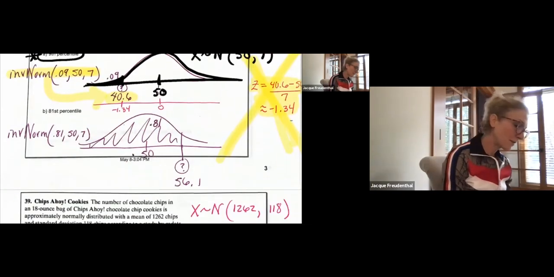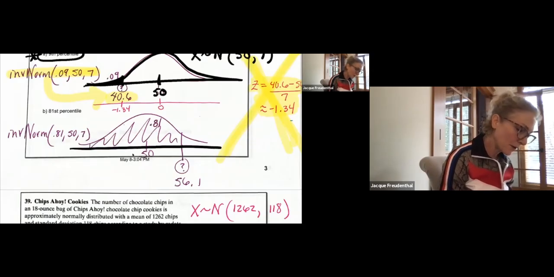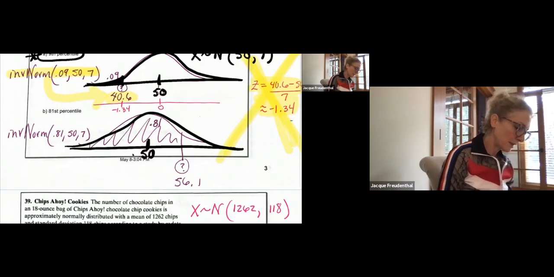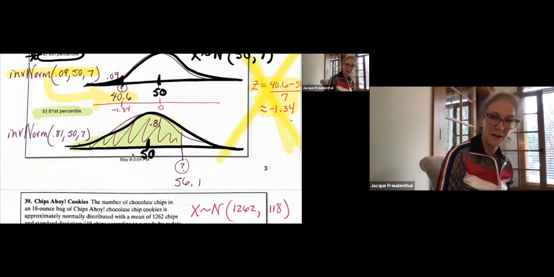Okay, so the 85th percentile, let's do this next one. 81st, sorry, the 81st percentile. So we draw our normal curve. It's the same distribution, so 50 is in the middle. And we want the 81st percentile. So the 81st percentile means 81% to the left. 0.81 to the left is the area.